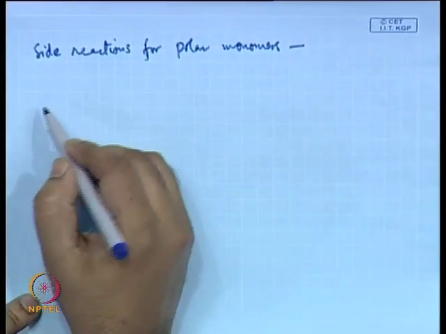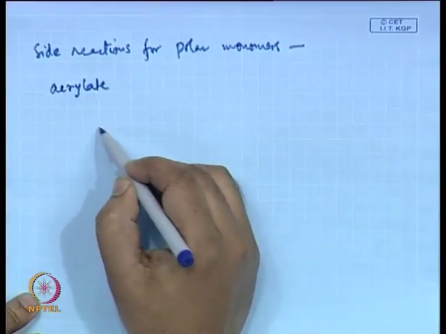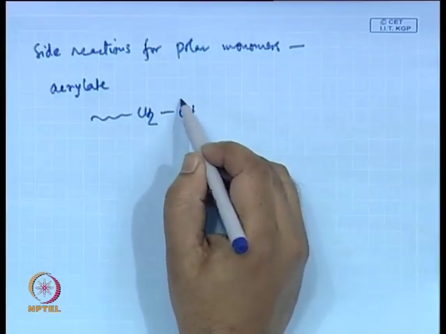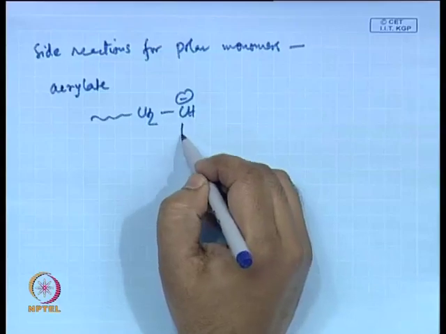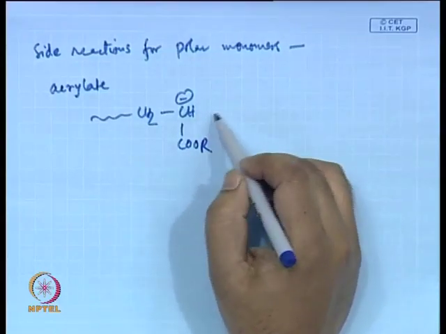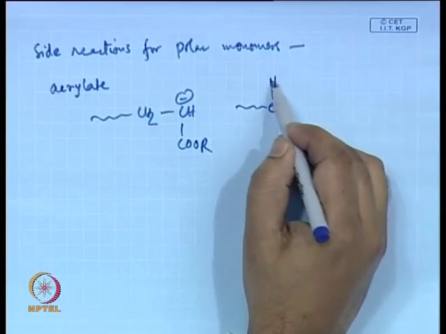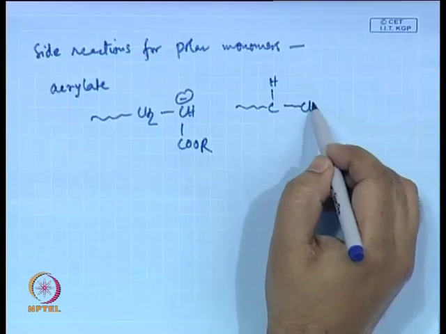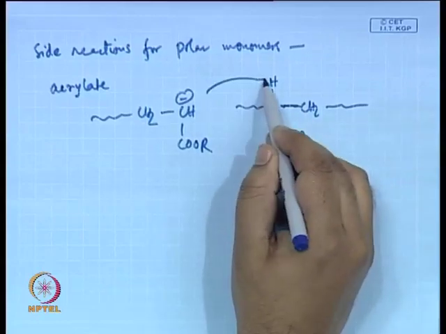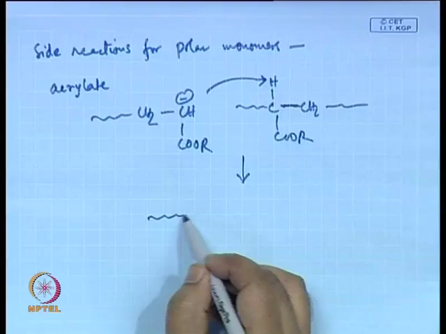For example, if I take an acrylate and let us consider a propagating chain, it can actually abstract a hydrogen, and this chain can get terminated.